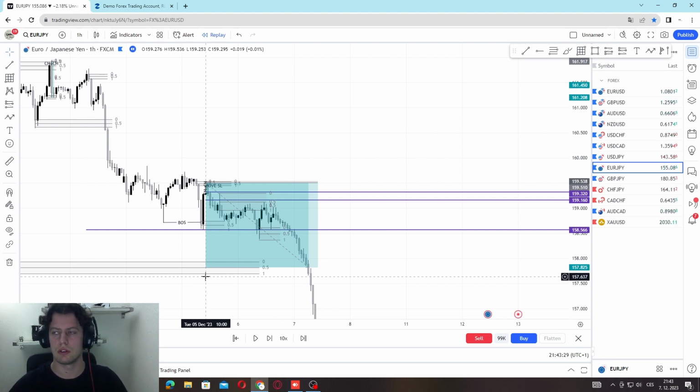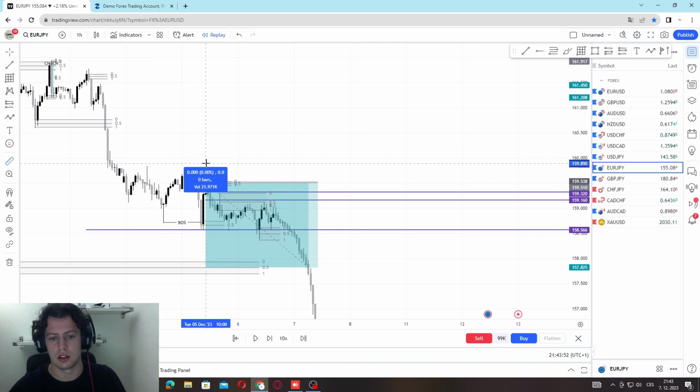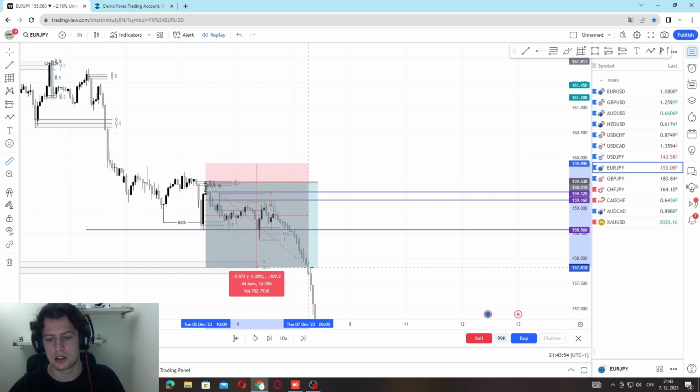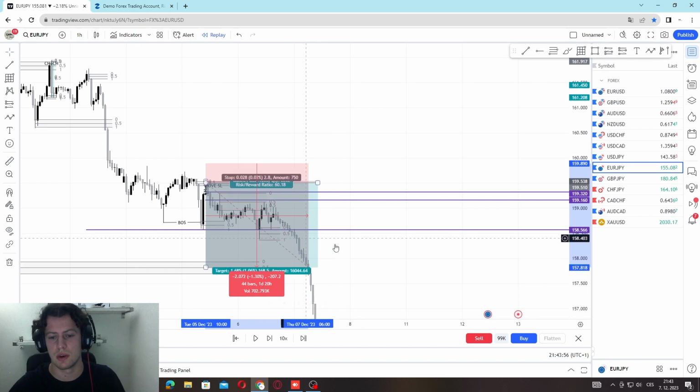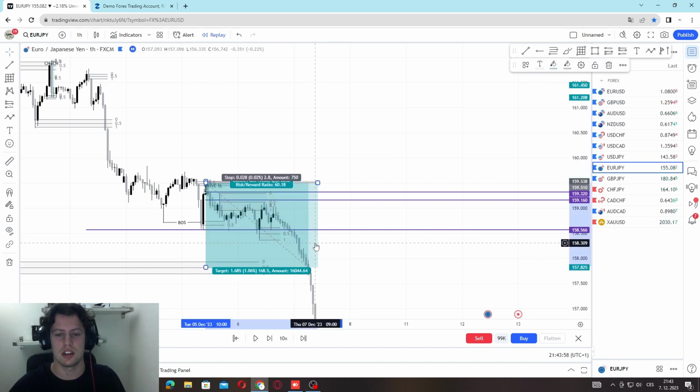I think you can also trade it if you are from Asia, like India, Saudi Arabia, Dubai, or something like this. It happened during the London session, so if you are interested in these sessions, you could trade it. And as I said, it's a swing trade. You just hold it almost 2 days, but 60% is solid.